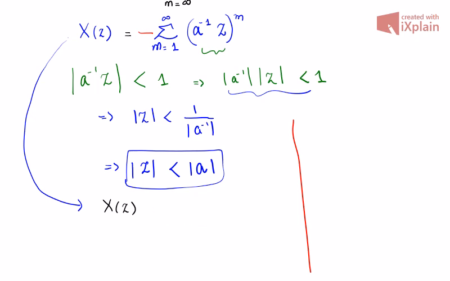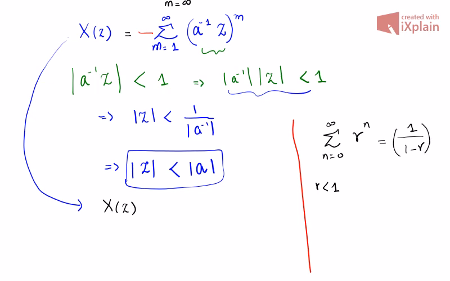The formula is given for n from 0 to infinity: if you have r raised to the power n, and the absolute value of r is less than 1, then you can write this summation as 1 over 1 minus r.